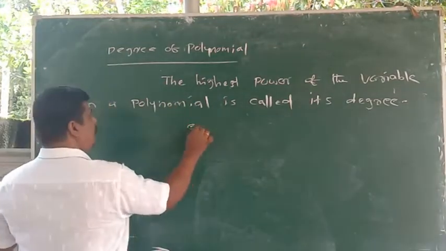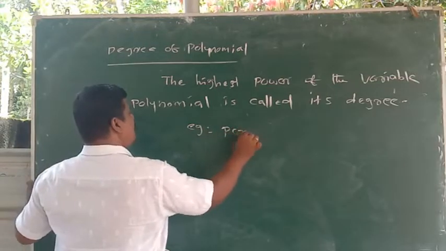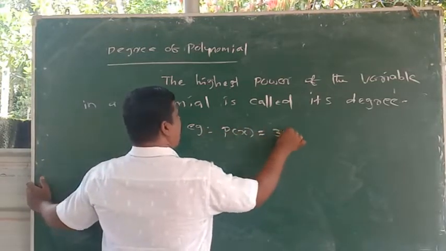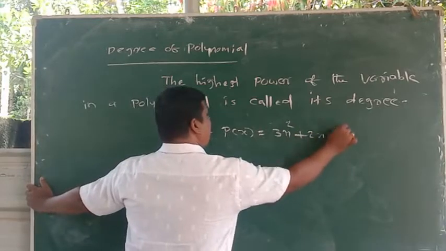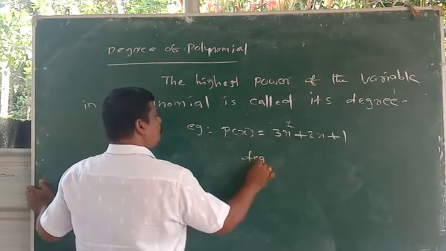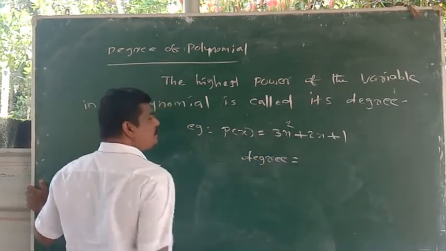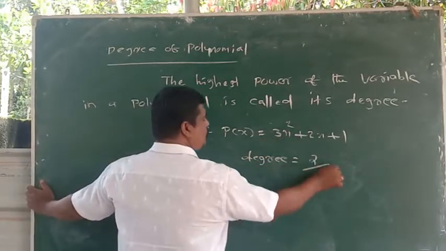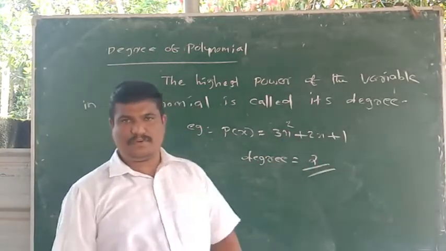Example, p of x is equal to 3x square plus 2x plus 1. Degree equal to how much? 2. Clear? That is the degree. All of you know. Okay. Next.